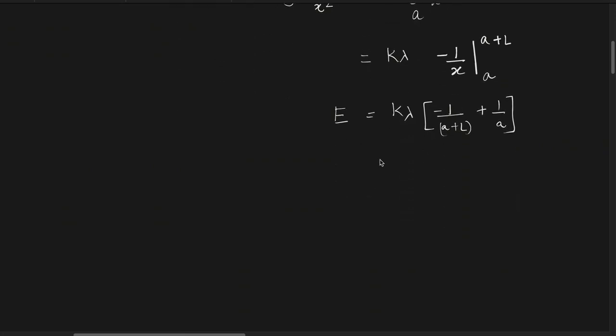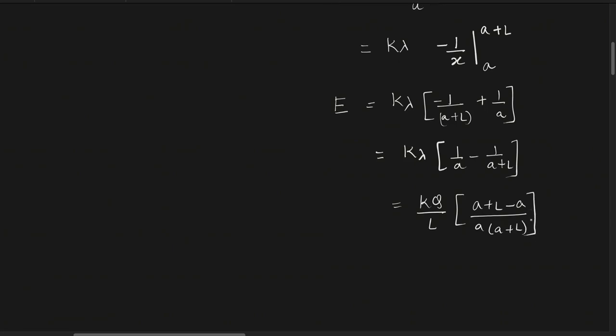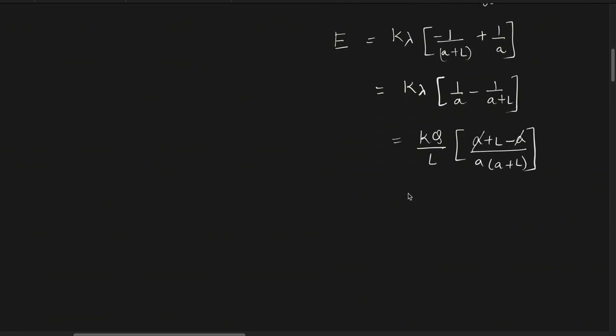Now this is k lambda times 1 upon A minus 1 upon A plus L. Lambda can be written as Q by L, so this is kQ by L times A plus L minus A upon A into A plus L. Here the A cancels out, and you have kQL upon L into A plus L. The L and L cancel out, and you have kQ upon A into A plus L.